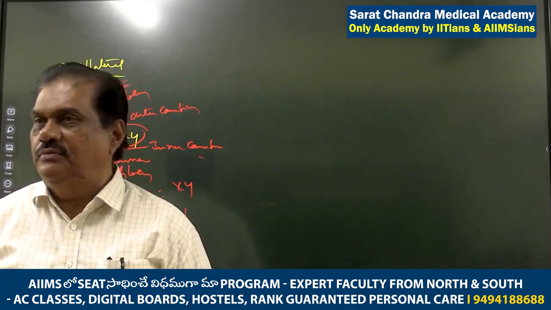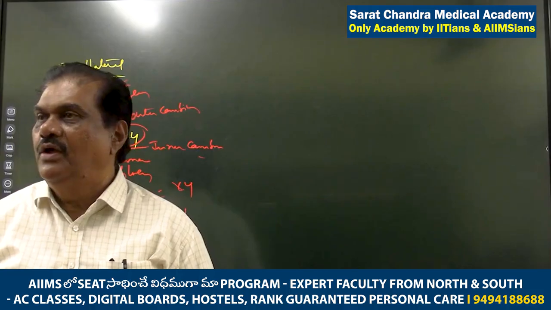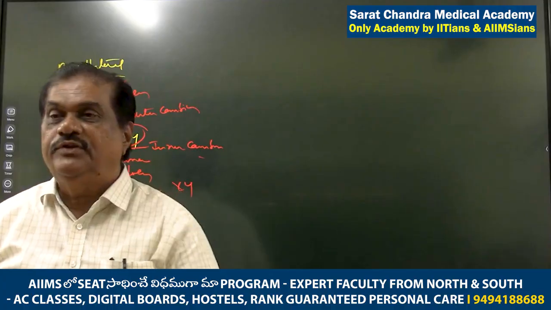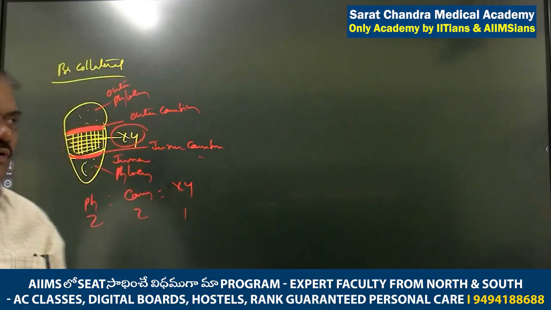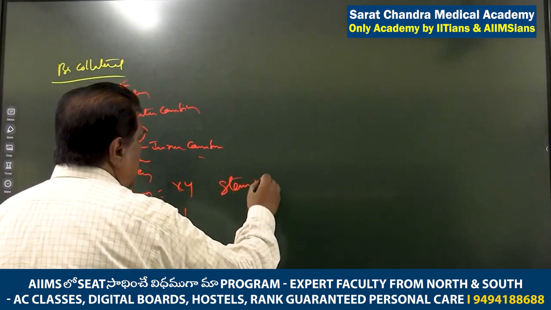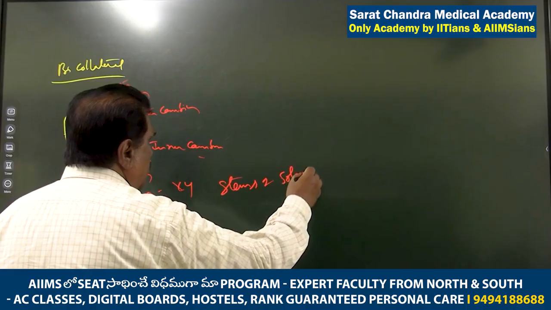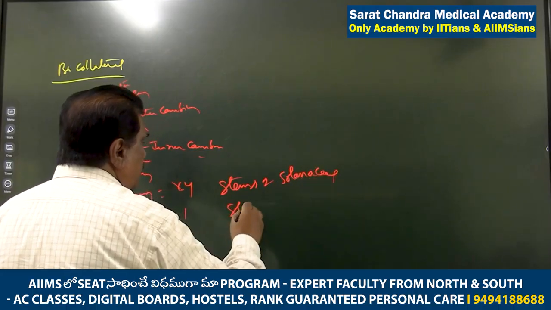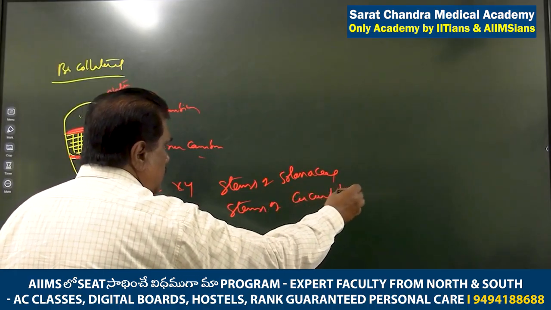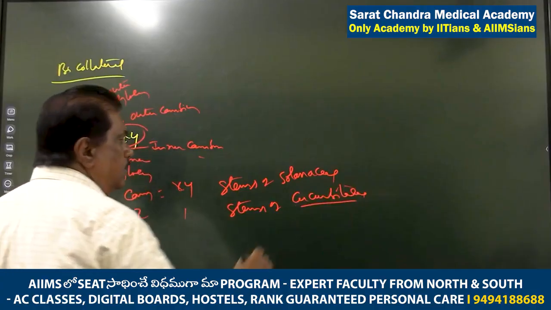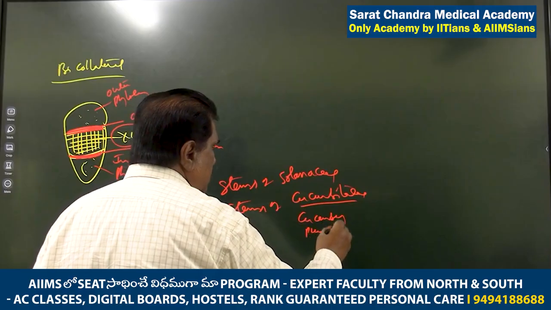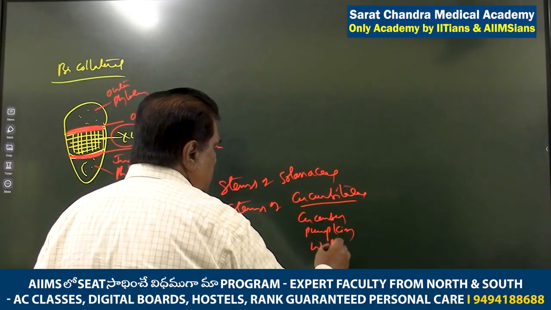We discuss in families. Having bicollateral vascular bundles: family Solanaceae. The stems of Solanaceae have bicollateral vascular bundles, and also the stems of Cucurbitaceae. Cucurbitaceae means cucumber, pumpkin, and watermelon.